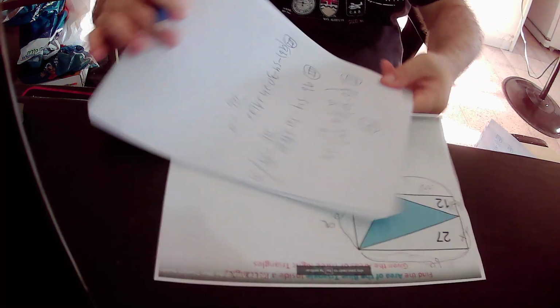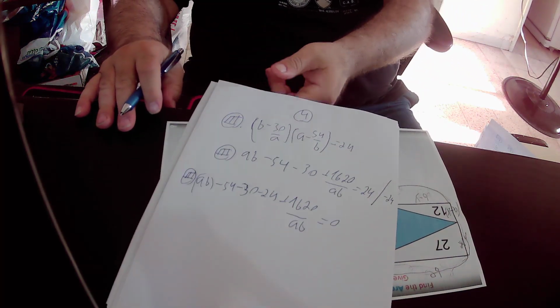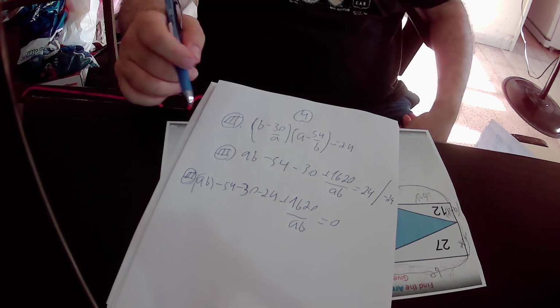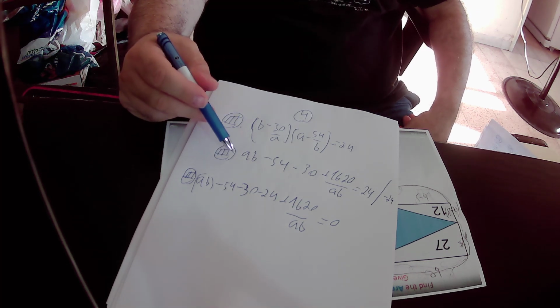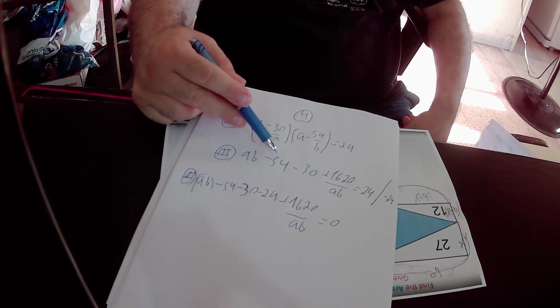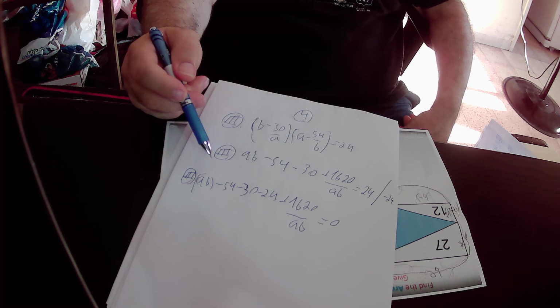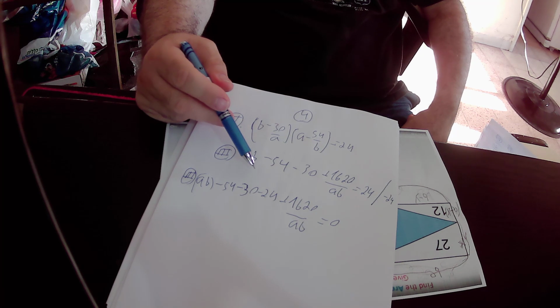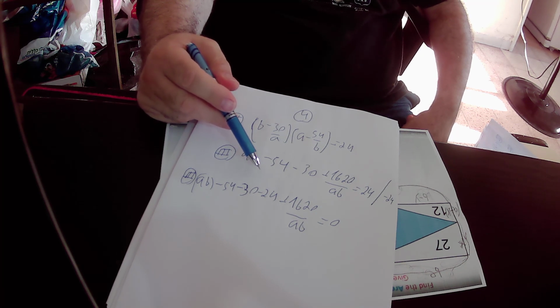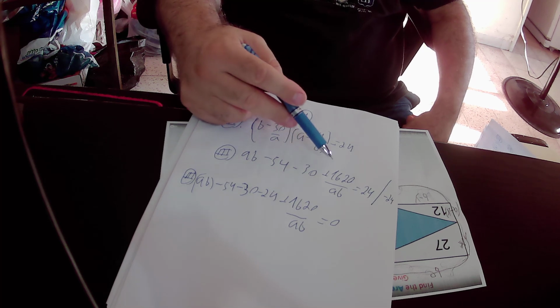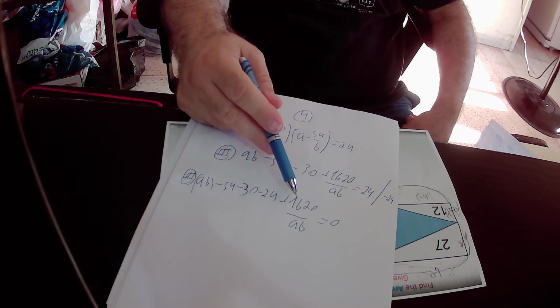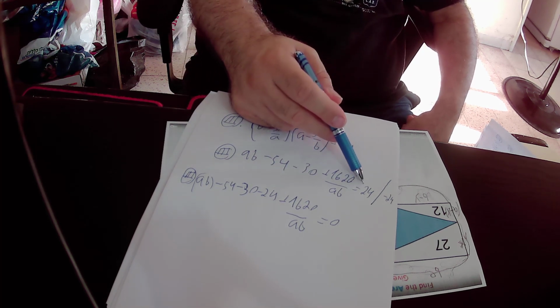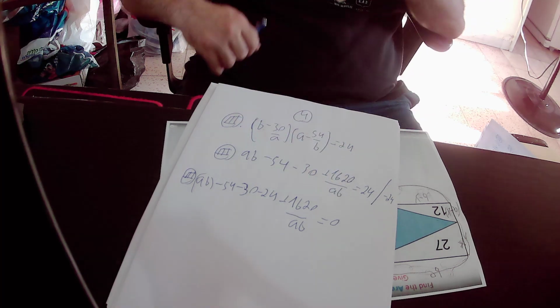I will repeat again. Here we have ab, negative 54, negative 30. We subtracted 24 from both sides of the equation, so in this side we will have negative 24 plus 1620 over ab, and here 24 minus 24 equals 0.